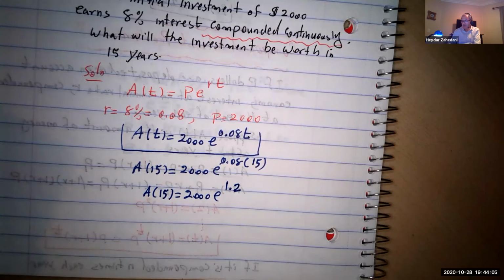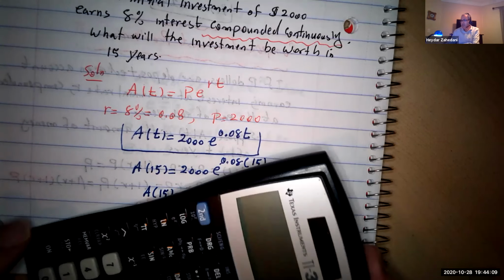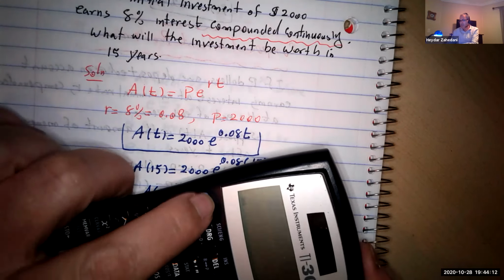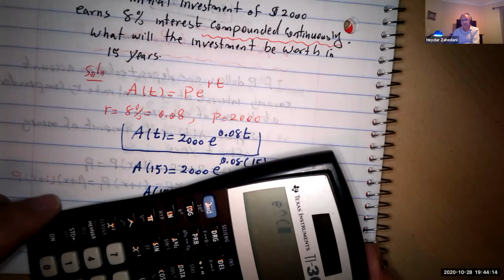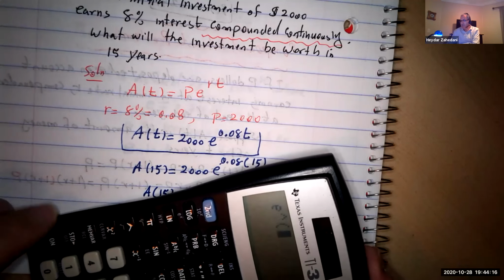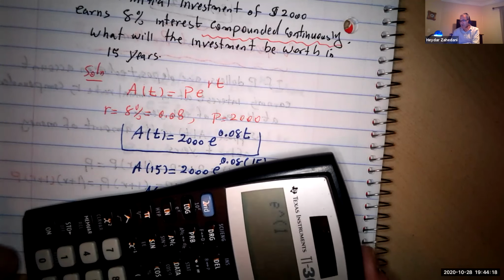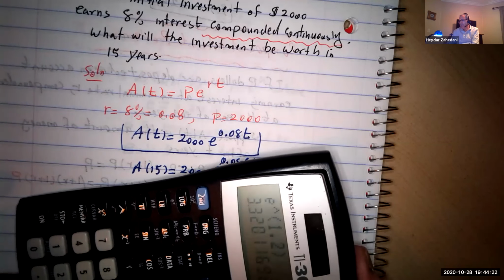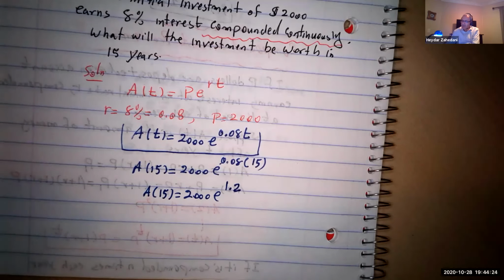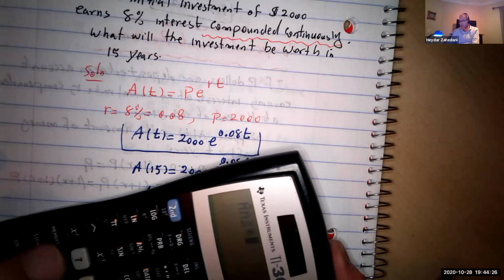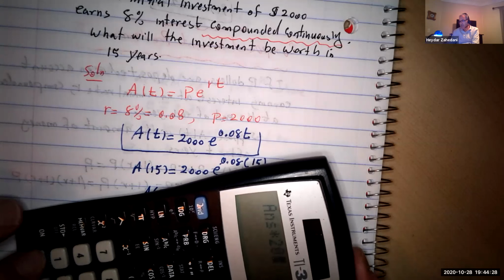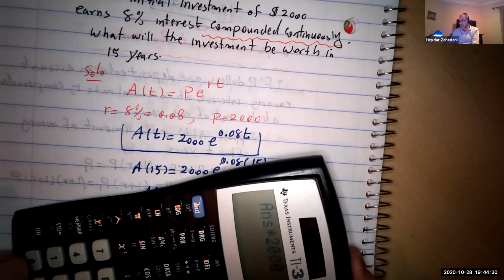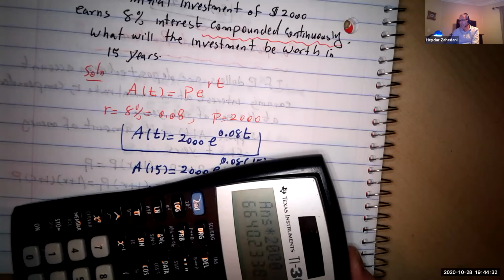Then you can use your calculator: second on the ln gives you the exponential function. You need 1.2, then multiply by 2000. That gives you the money.